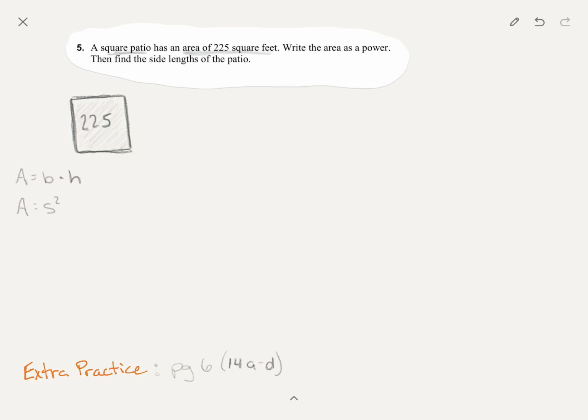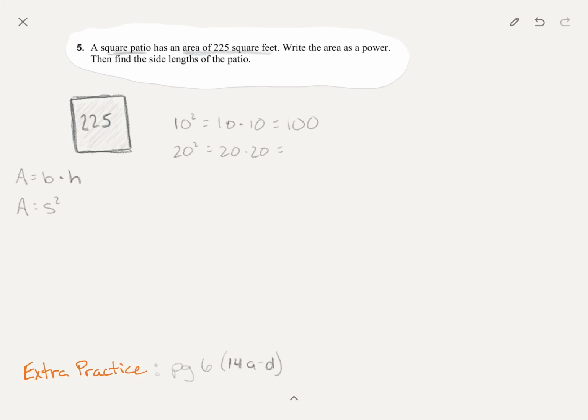So I'm going to start off with 10. So 10 squared is the same thing as 10 times 10, which equals 100. Well, that's not enough because I need to get to 225. So I'm going to do 20 squared, which equals 20 times 20.